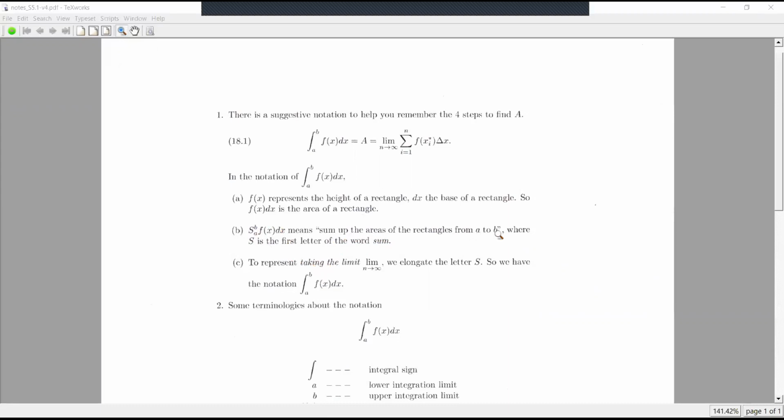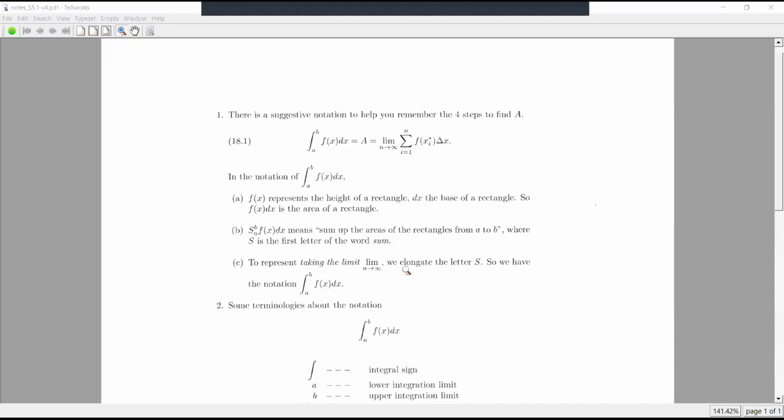After we sum up the areas, we need to take the limit. We need to let n approach infinity. Then the sum of the areas will approach some number, and the number is the exact area of the region. How do we represent taking the limit?